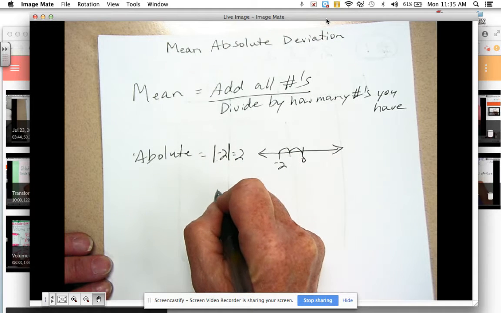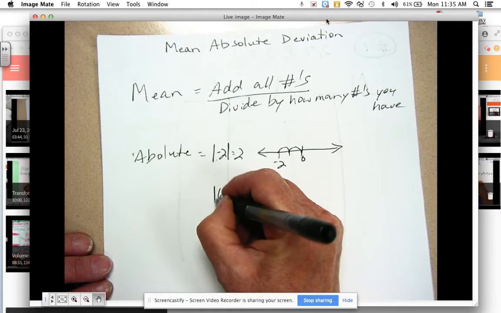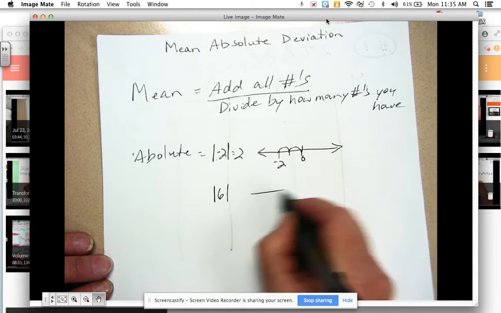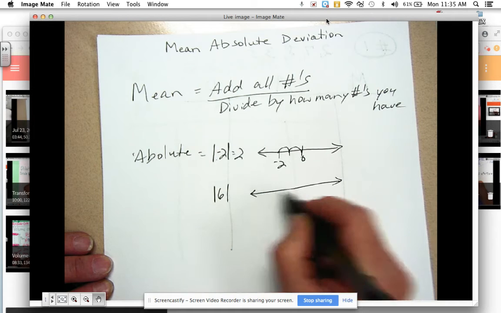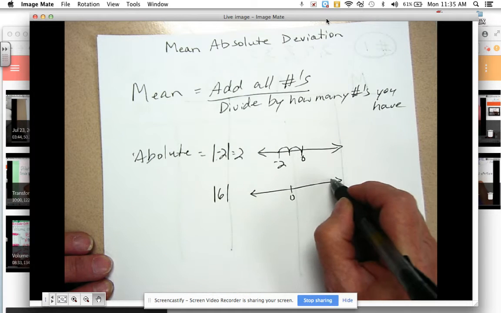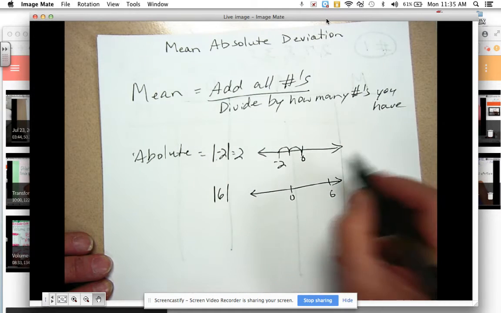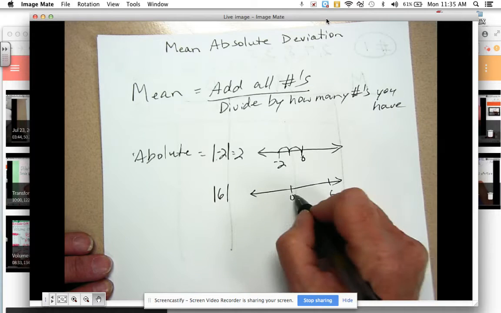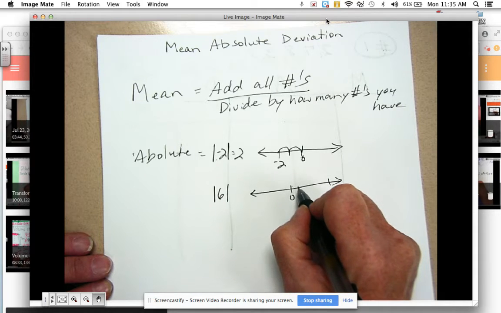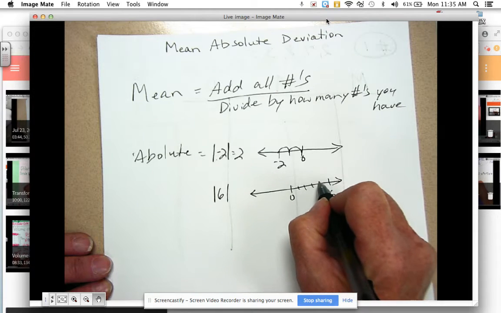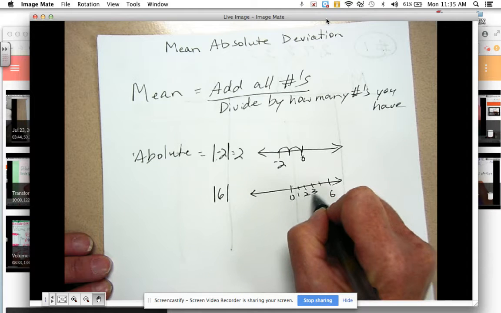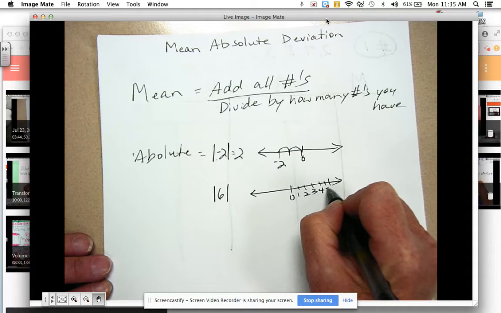Let's try another one. Let's try the number 6. So the absolute value of 6, if we have it on a number line, we have the 0 there, and the 6 is over here. What's the distance from 0 to 6? 1, 2, 3, 4, 5, 6.